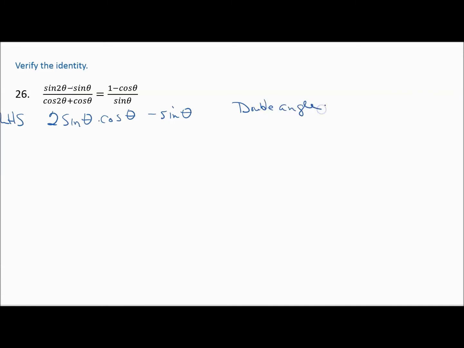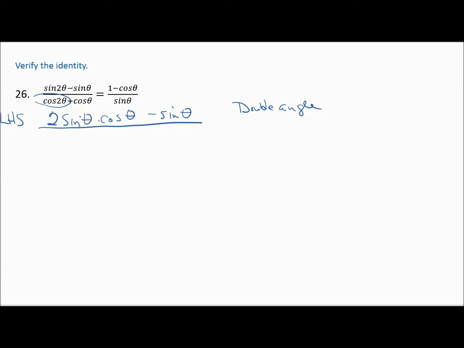But now when it gets to the denominator, this cosine of 2 theta right here that I have to replace, I've got 3 different formulas for cosine of 2 theta. The question is, what do I want to use? Now my thought is, notice how it's already got a plus cosine of theta right here?